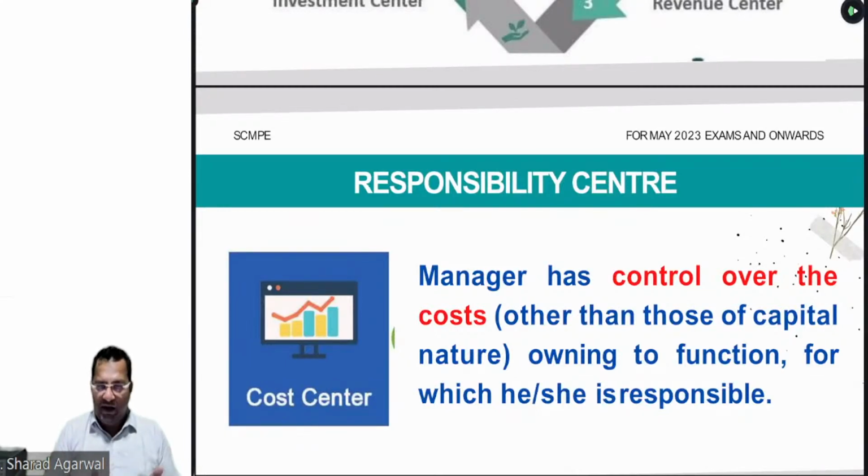ओके बेटा, तो चलिए अब लिखिए, पहला हेडिंग दीजिए आप, कॉस्ट सेंटर. Cost center. The department concerned is only responsible for cost that was actually incurred in its department.